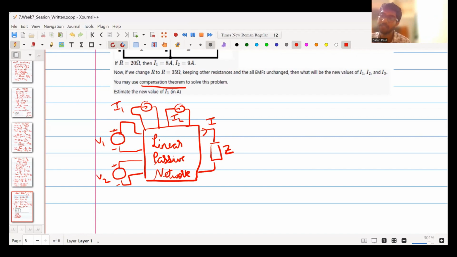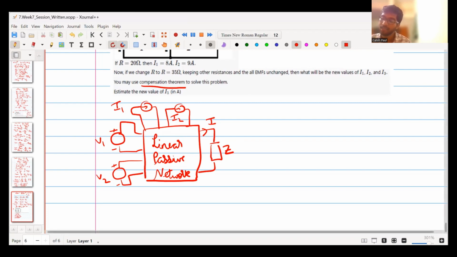What do you mean by passive network? Passive means those networks don't have their own energy source. So that means we have a network in which all these voltage sources etc. are external. In this network it only consists of resistor, inductor, capacitor.